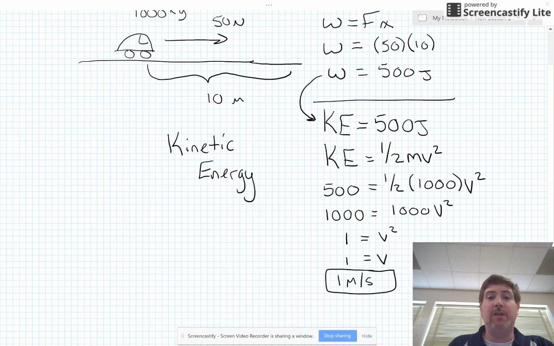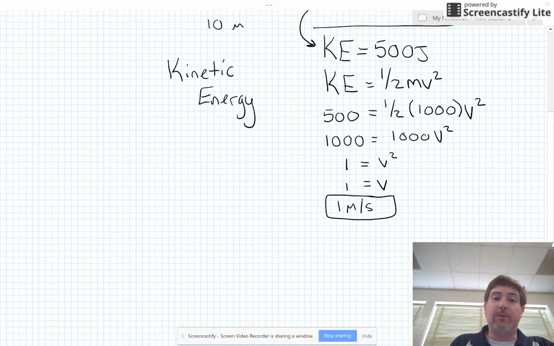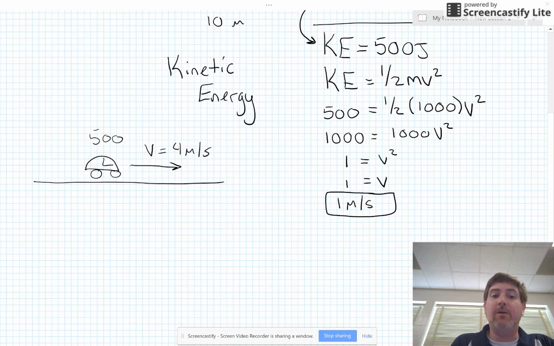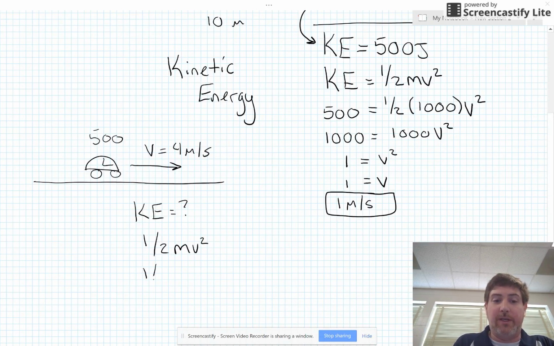That's kinetic energy. We can work any direction you want to work. So if I tell you a car has a mass of 500 and it has a velocity of 4 meters per second, what's the kinetic energy of the car? Well, the kinetic energy is going to be 1/2 mv squared. So it's going to be 1/2 mass of the car, which we said was 500, times the velocity of the car, which is 4 squared.